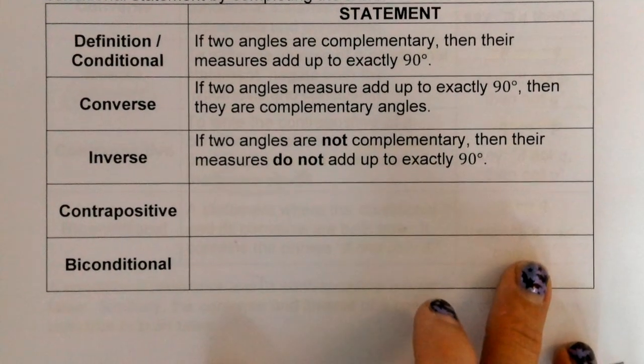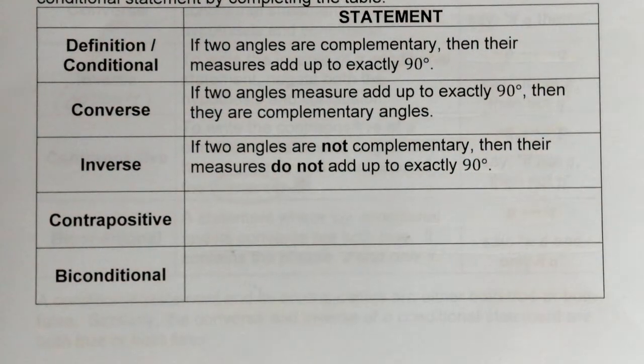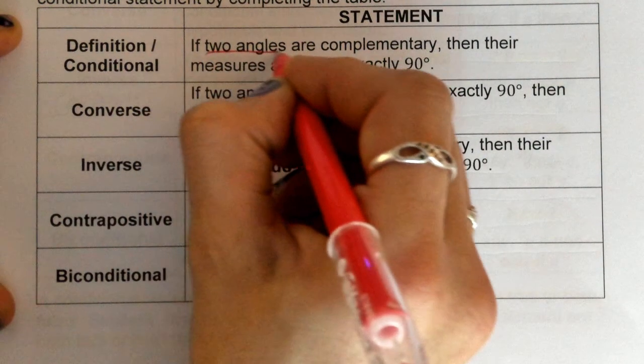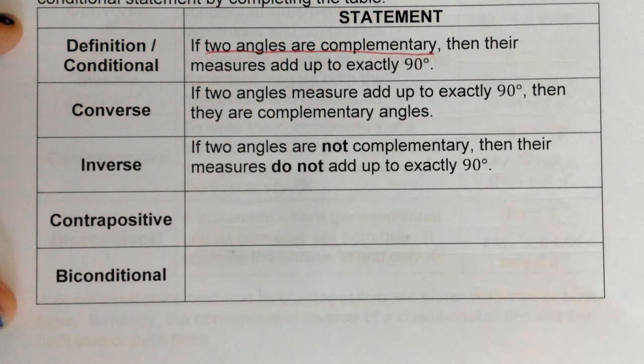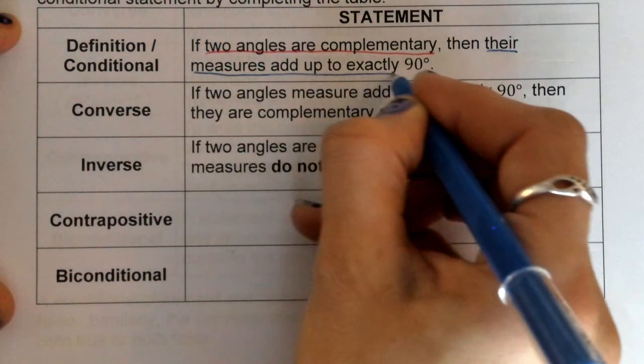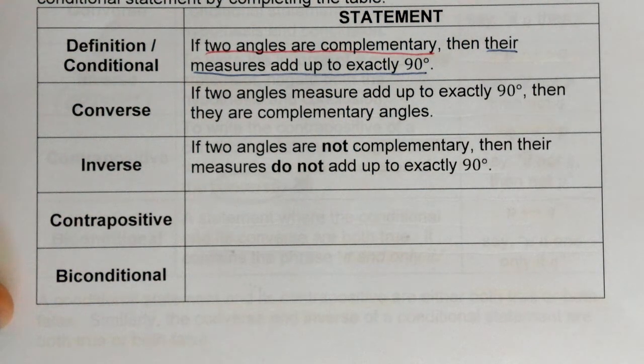Our last one that we looked at was our conditional statement: if two angles are complementary, that two angles are complementary is our hypothesis. Then the conclusion is their measures add up to exactly 90 degrees. We took the converse. We knew to switch your hypothesis and conclusion.